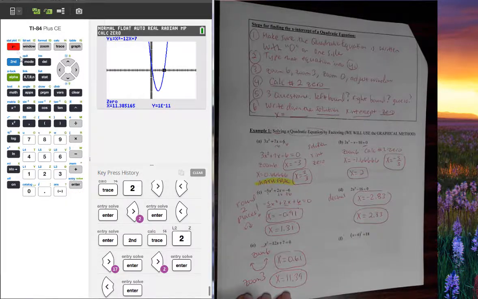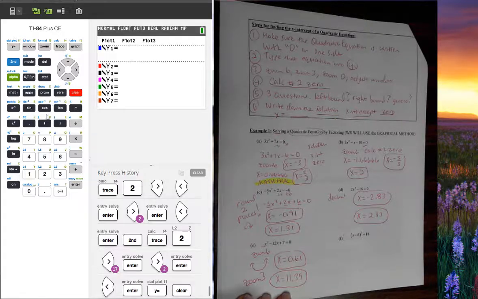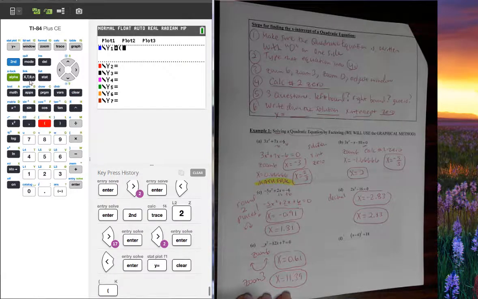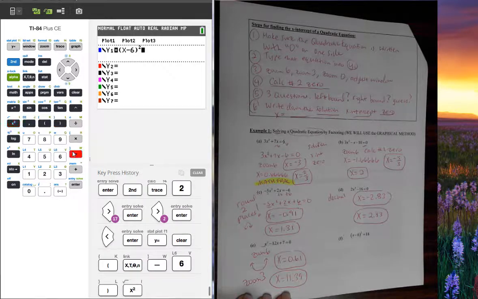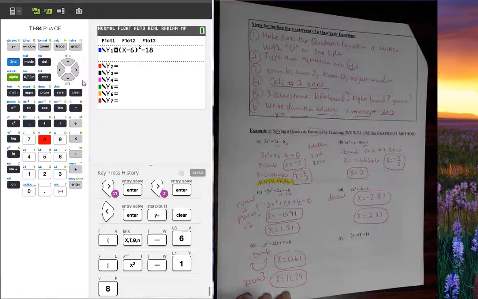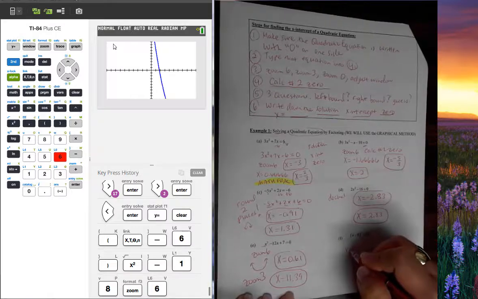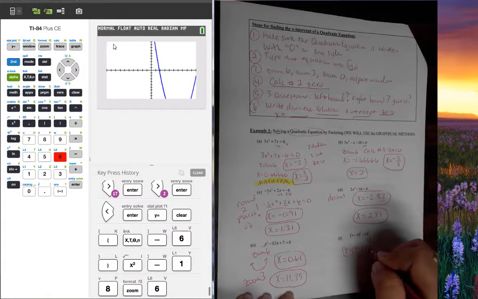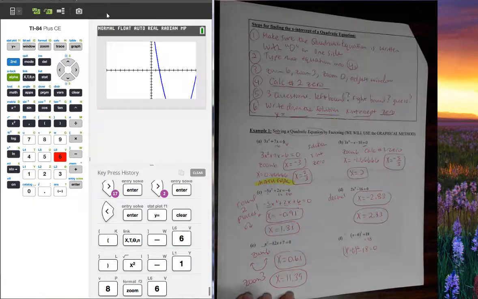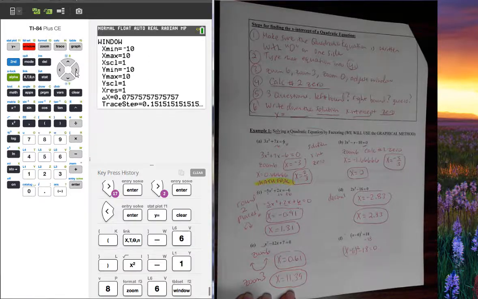All right, next one. Minus 18 on both sides on this one. And press zoom 6 and let's see what picture we got. And I can almost see that. Remember, let's do window right here. And let's just increase our X maximum just a little bit right there.